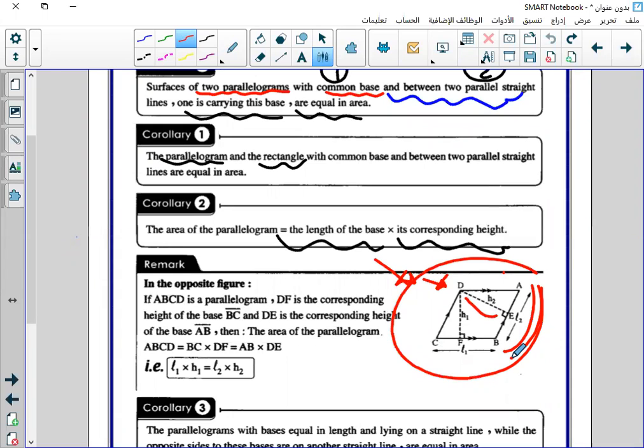Also, if BC is the base, then the corresponding height is DF. So the area of the parallelogram equals L1 times H1 or equals L2 times H2.